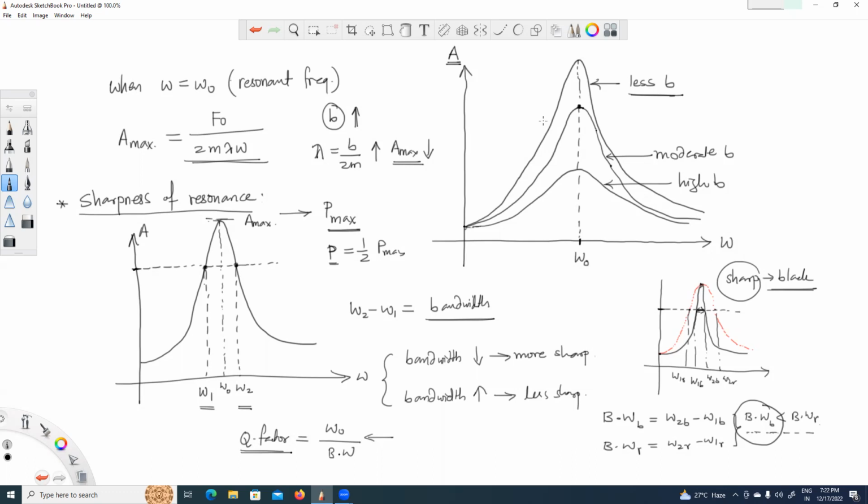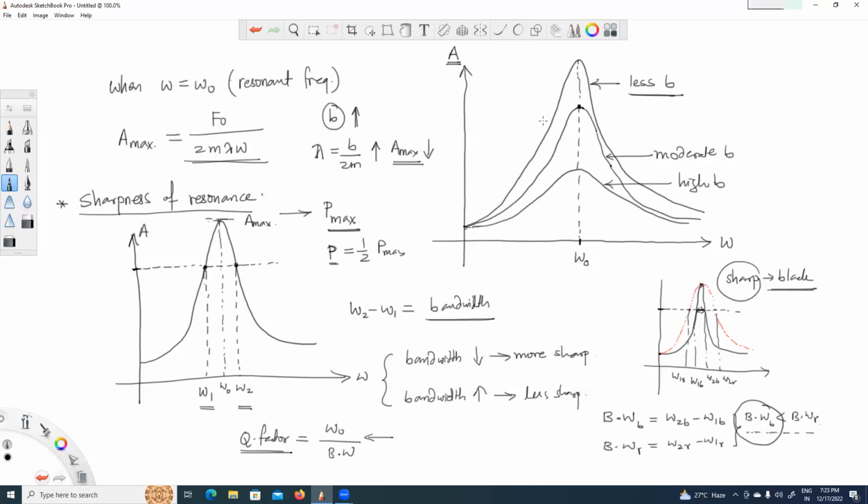Particularly, we focused on the steady state solution and saw that at a certain frequency of the forcing function, our amplitude becomes maximum, and that frequency is nothing but the natural frequency of the system. So when my forcing function has a frequency equal to the natural frequency of the system, my system is going to vibrate with the maximum amplitude possible. And this particular condition is called resonance.